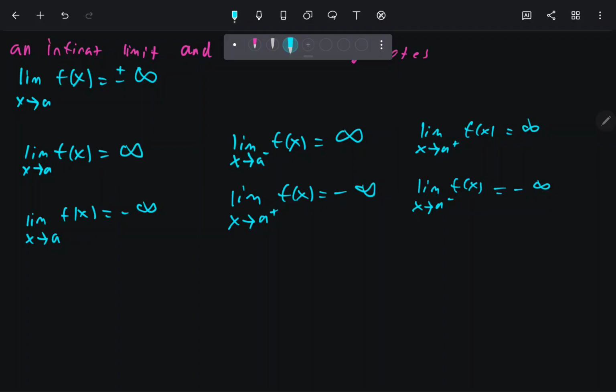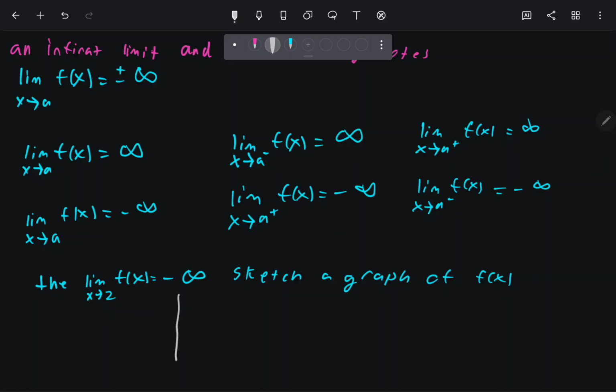So if I said the limit as x approaches a of f of x is equal to -infinity, and let's call this value 2, and sketch a graph of f of x, this will tell you where to place a vertical asymptote.